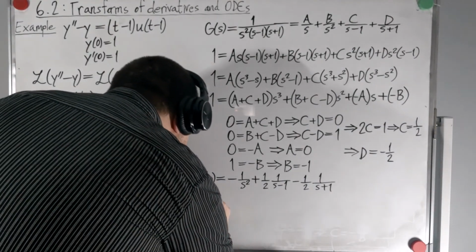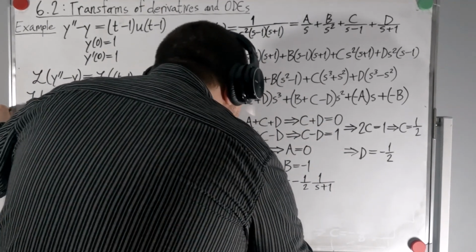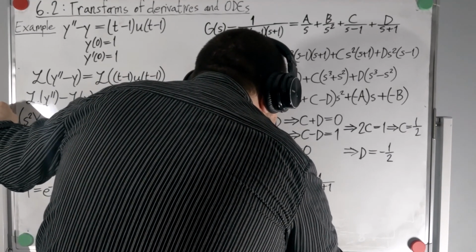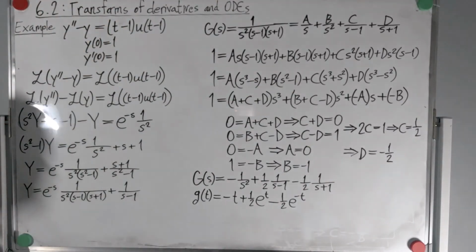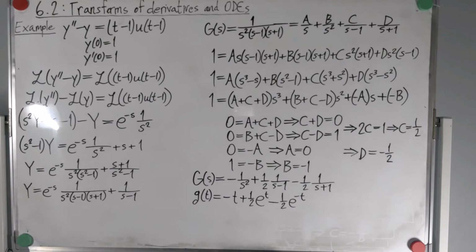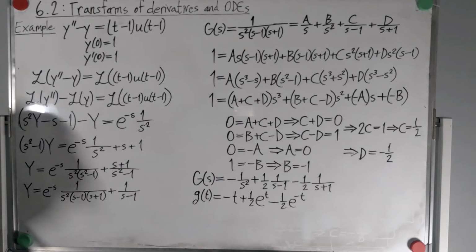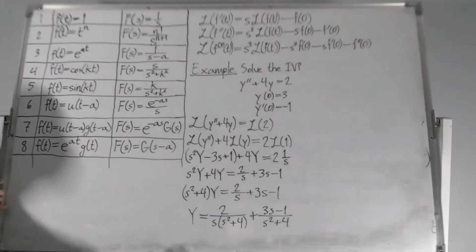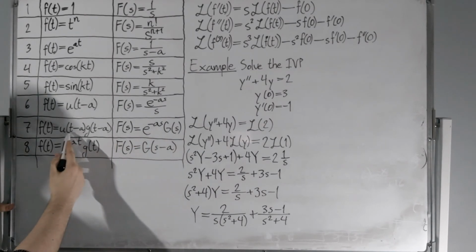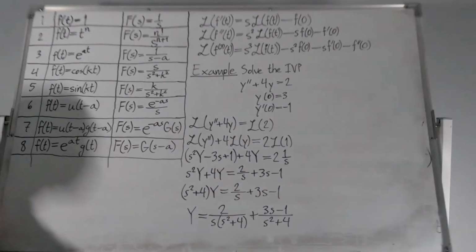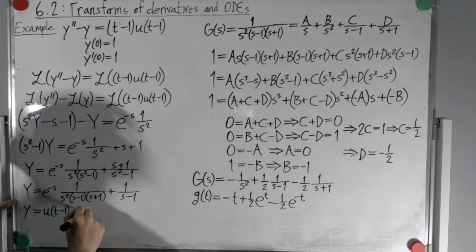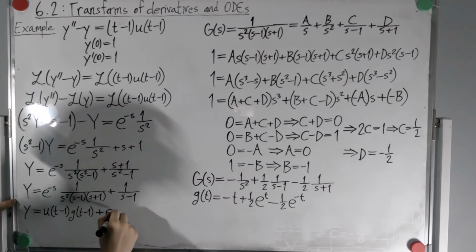Okay, so we'll need the inverse Laplace transform of this, g of t. That's going to be negative t, plus 1/2 e to the t, minus 1/2 e to the negative t. So y, lowercase y, our solution, is going to be, all right, we have e to the negative s times G of s, so it should be u of (t minus 1) times g of (t minus 1), plus e to the t.